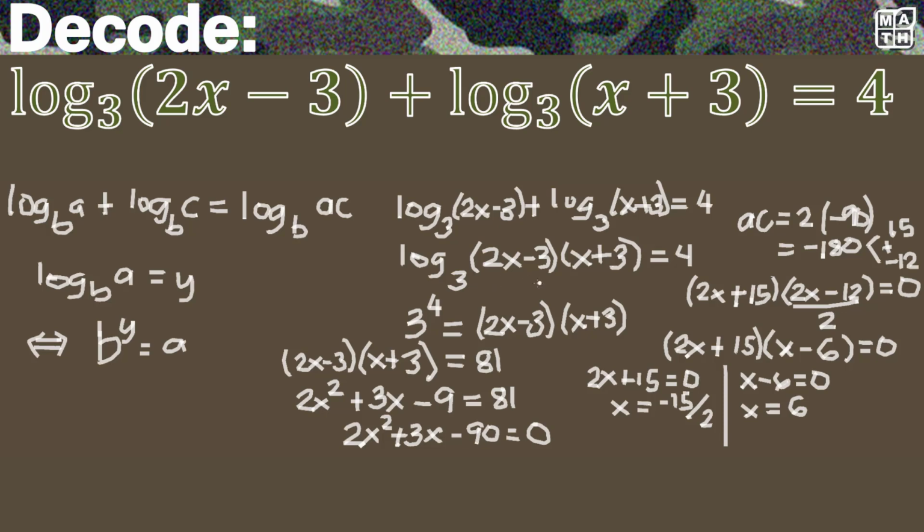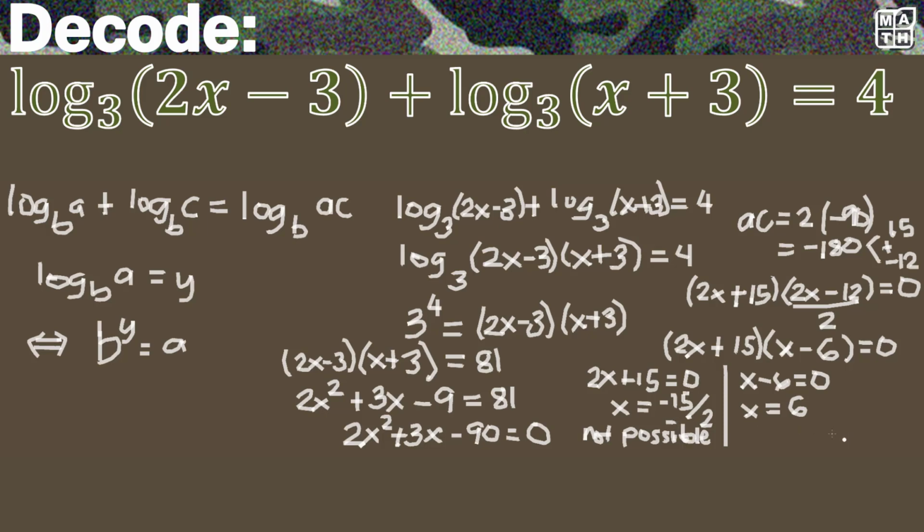This means for the first logarithmic expression, you will have the logarithm of negative 18 to the base 3. It's not possible because you will get undefined if the argument of your logarithmic expression is a negative value. This is also true when you substitute negative 15 halves into the second, because you will have a negative value as well.